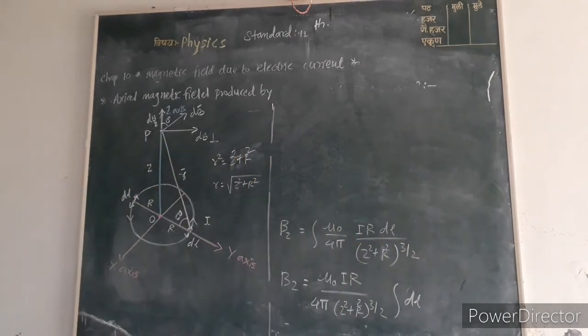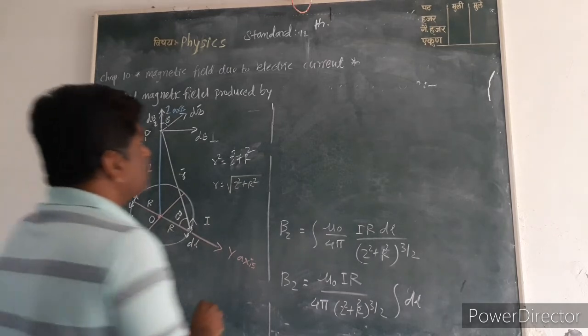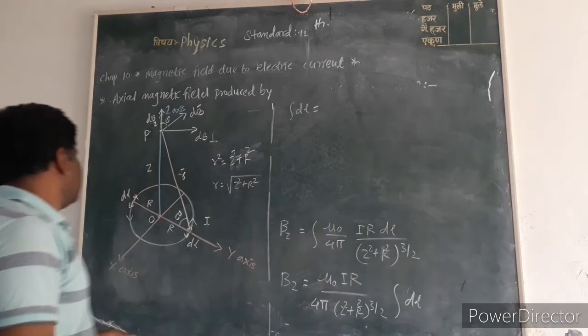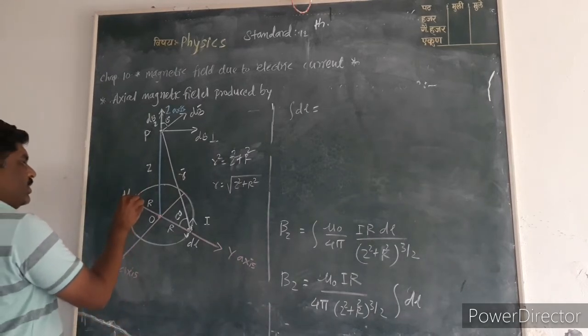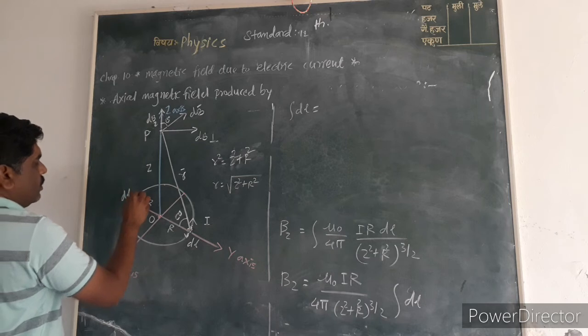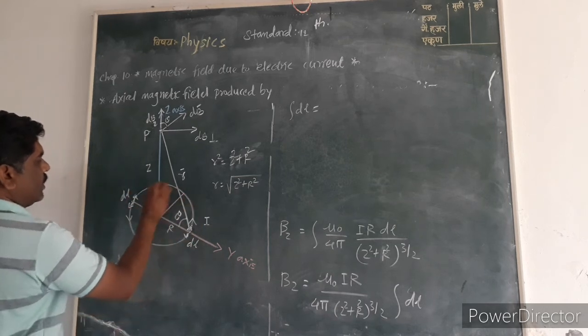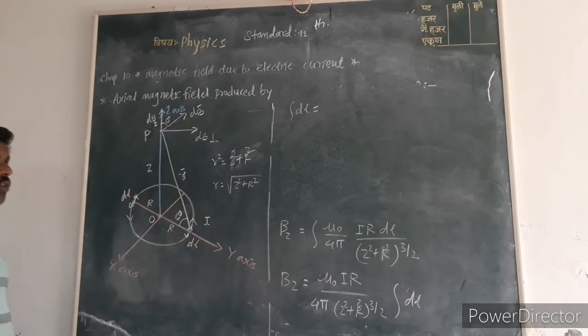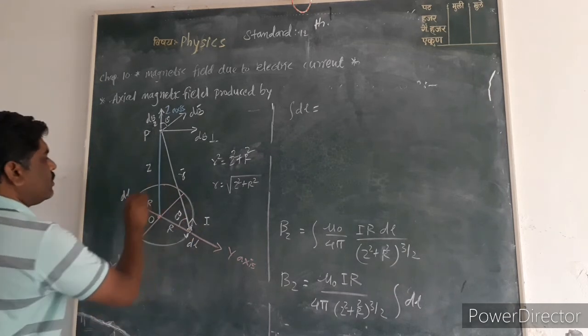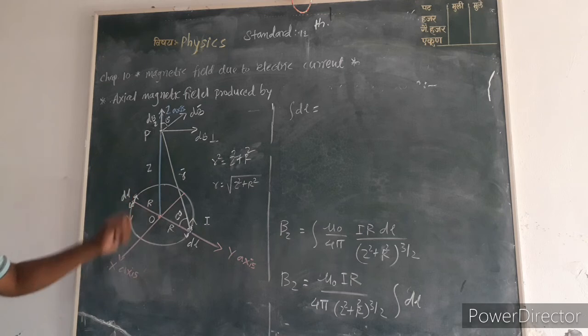But integration of dl, this very small element, gives the total circumference of the circular loop.